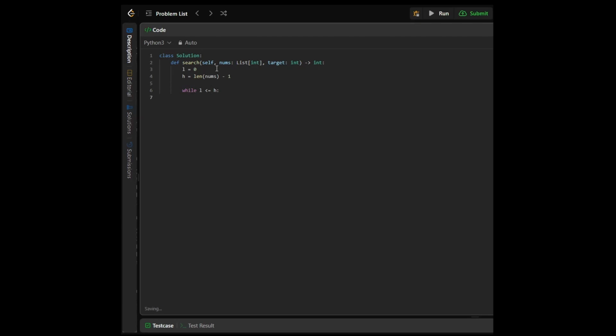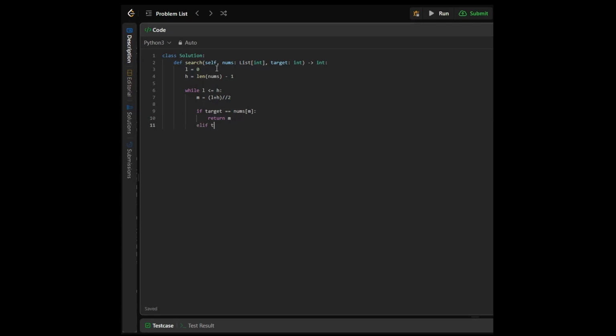Let's calculate the middle point first. So middle point would be low plus high, integer division by 2. If target matches with the number at nums at middle, we found the answer. We can return this m, which is the index of target.